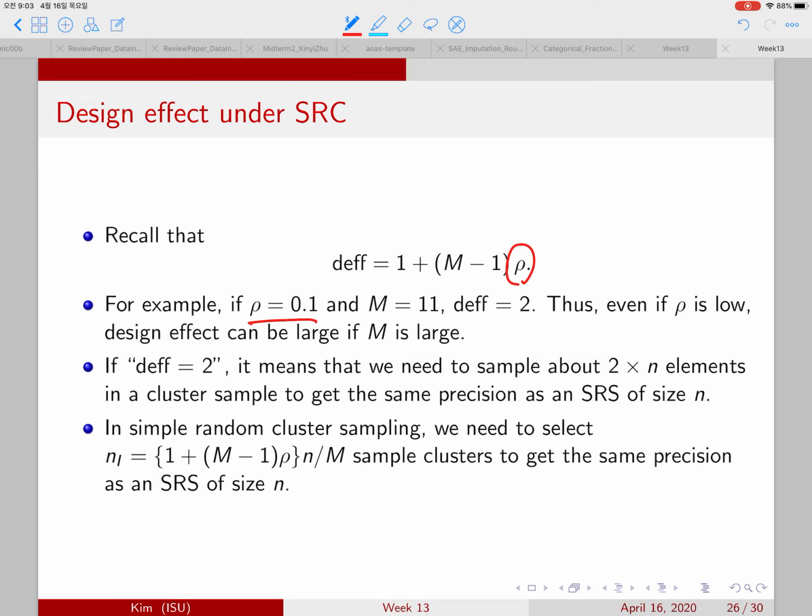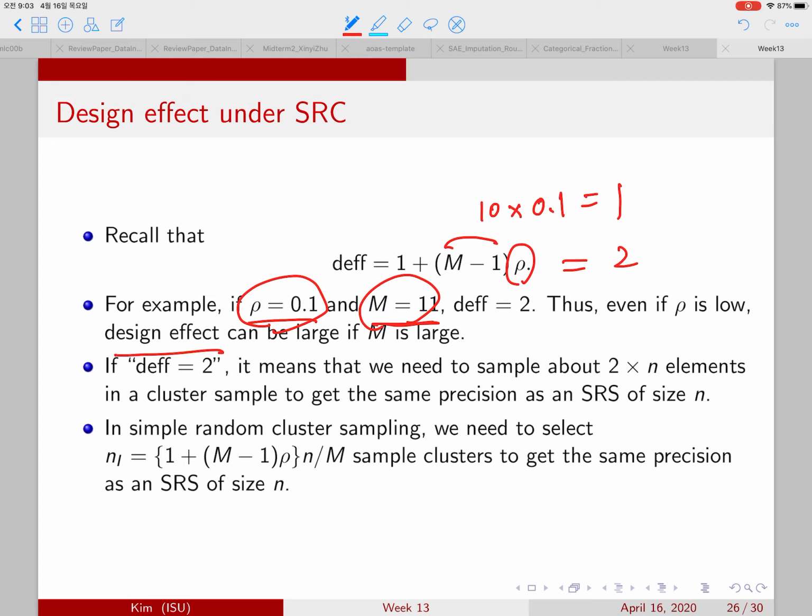The within-cluster correlation is 0.1, but suppose M is 11, then you have 10 times 0.1, which is 1. So 1 plus 1 is 2. So even though the correlation is weak, if M is large, then your design effect can be large.